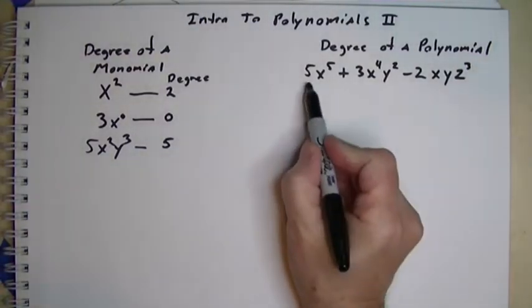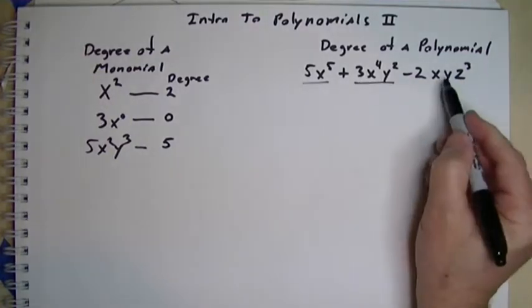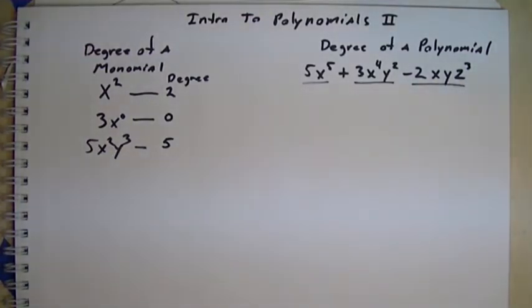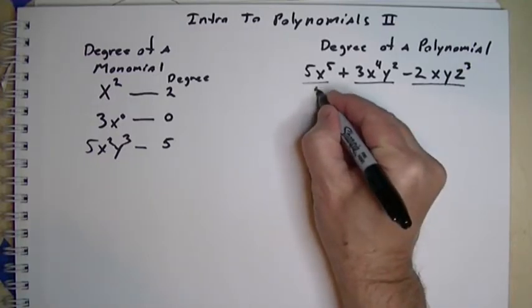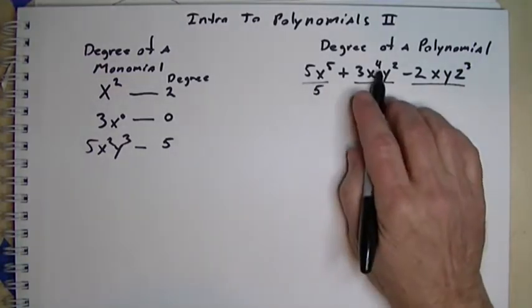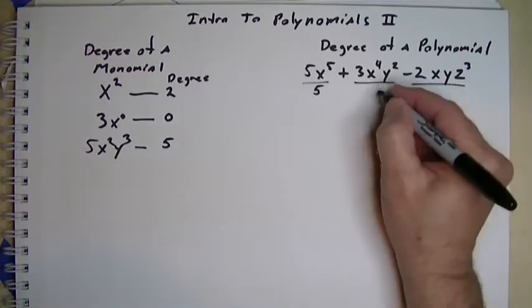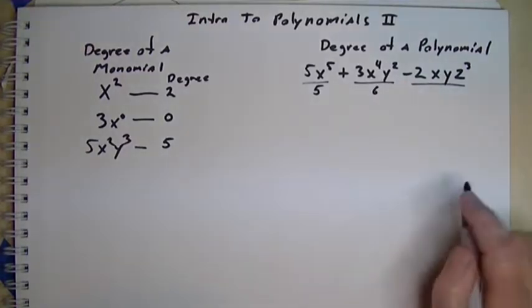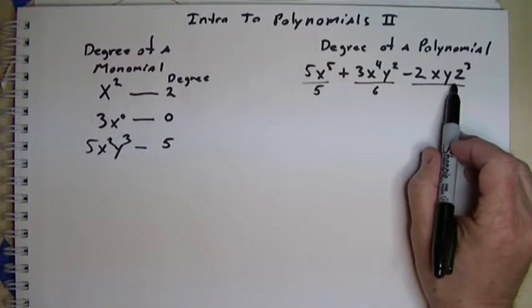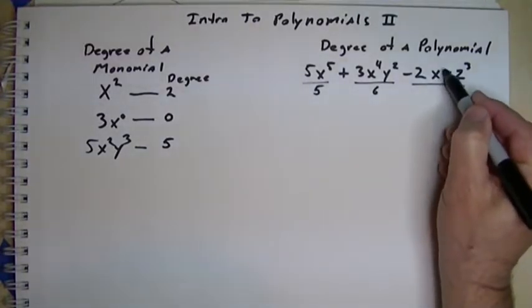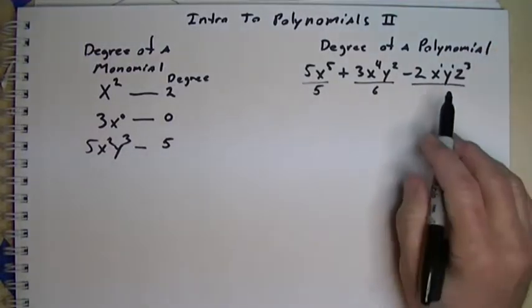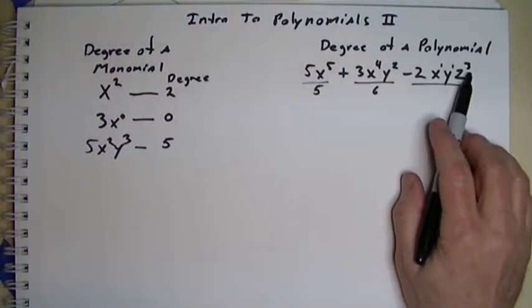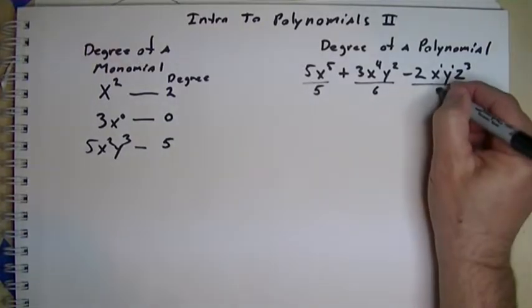So here we have 1, 2, we've got 3 terms in this polynomial. And so we're going to look at the degree of each monomial. We're going to use the skill we learned here, and we're going to say, okay, this one has a degree of 5. This one, I'm going to add the exponents, and it's going to be a degree of 6. This one, you've got to remember that when you don't see an exponent, there's an invisible 1 there, and you have to remember to take that into account. So it's 3, 4. This also has a degree of 5.